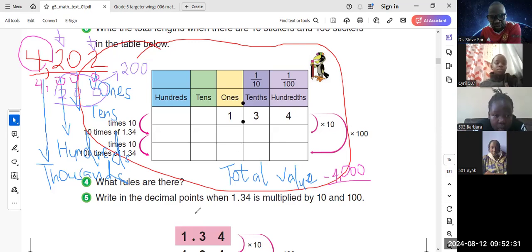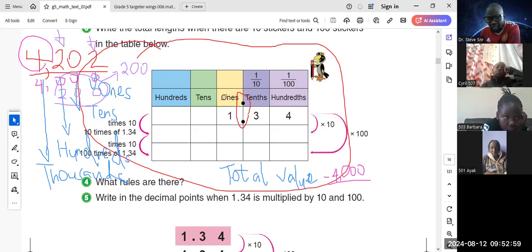Now, today's work on this table here, you can see we have this decimal point here. When you're given a number with a decimal point and you are to identify the place value, you should be very keen because before the decimal point, we have ones going to your left.